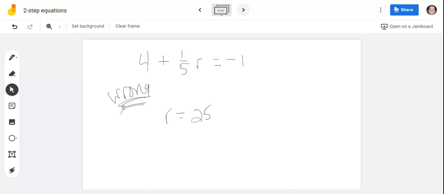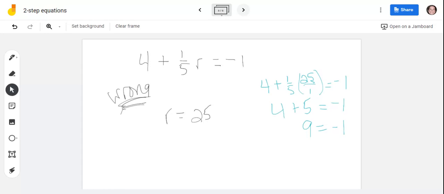All right, so when I go to do the check step, and I'll even switch colors so you can tell the difference. When I go to do the check step, I get 4 plus 1/5 times 25 equals negative 1. This is going to be 5. Last time it was negative 5, if you remember. When you go to do this, 4 plus 5, go ask any kindergartner, 4 plus 5 is 9.